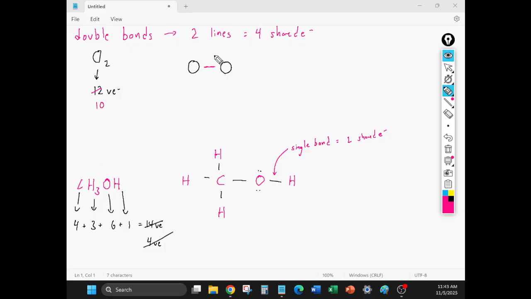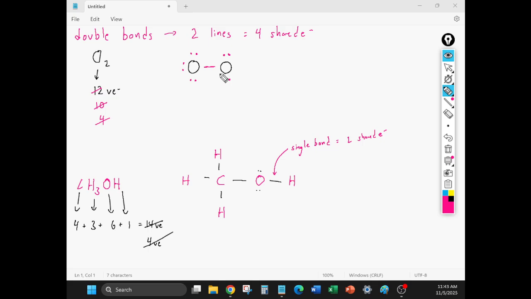But if you look, the oxygens are not complete yet, so we're going to have to add some lone pairs. Let's start with the one on the left. We're going to draw 1, 2, 3, 4, 5, and 6. If we draw 6, now we have 4. And you can see the problem, right? If I only have 4 electrons, and I give the 4 electrons to this oxygen, what's the problem?